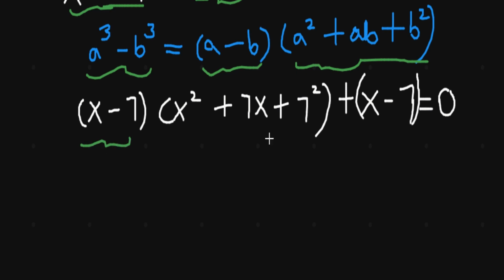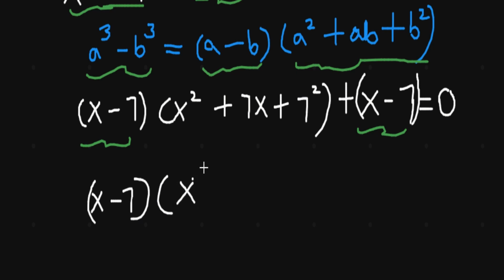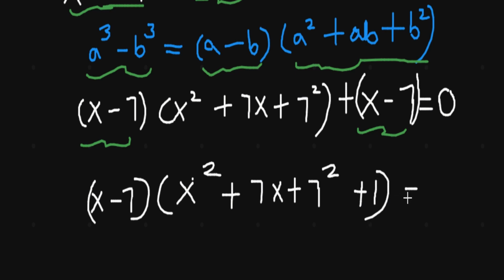Here x minus 7 is common, so we take x minus 7 common, into x square plus 7x plus 7 square plus 1, is equals to 0.